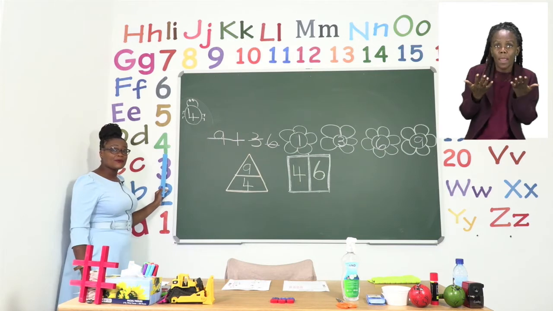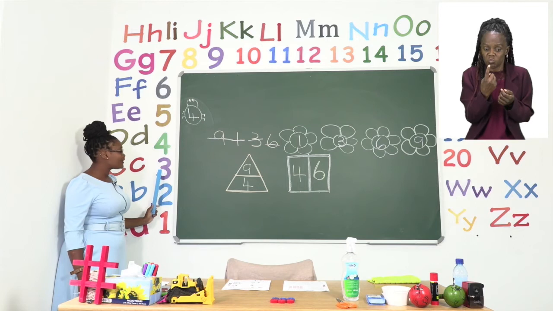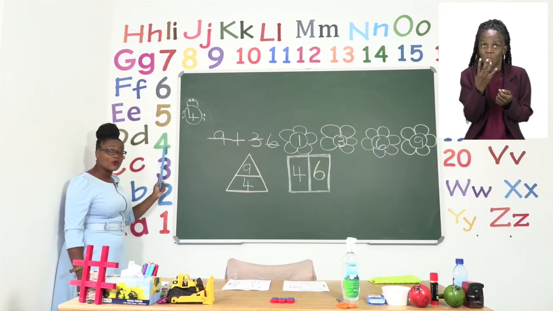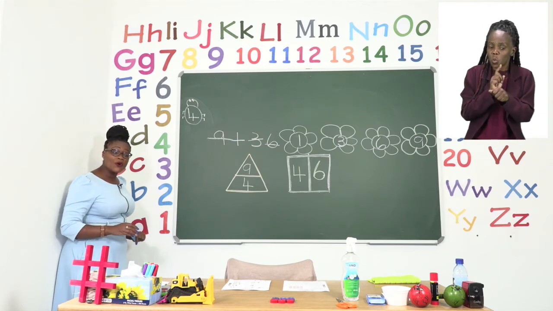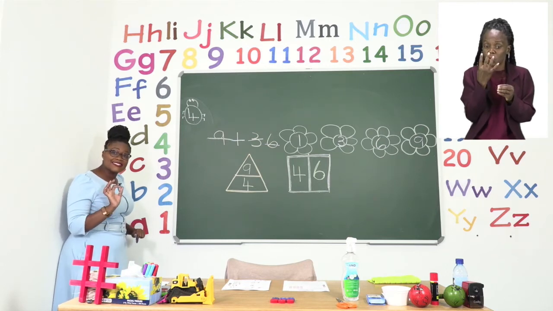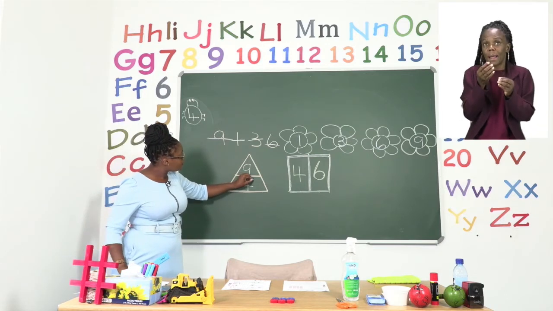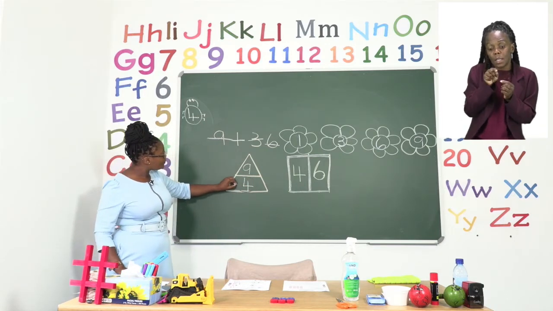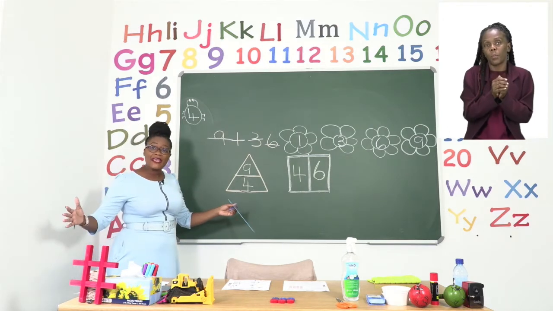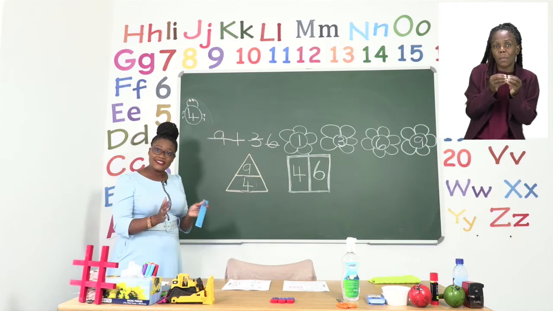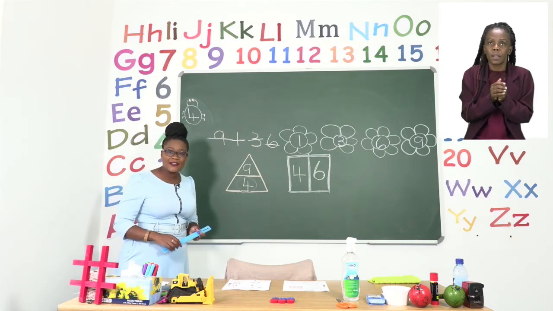If we were to count 1, 2, 3, 4, the first number we come across is 4, which means 4 is the smaller number. So we are going to circle the number 4. That means 9 is the bigger number and 4 is the smaller one. So you're going to do the other two by yourselves.